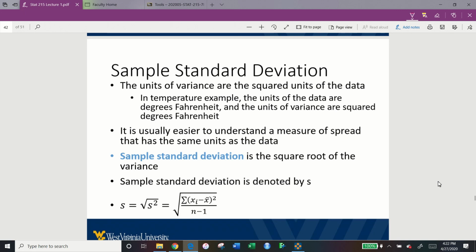Both of these are going to be measures of spread, and both have their pros and cons. Variance is always positive, so sometimes that's helpful, but standard deviation has the same units as what you're currently working with. So if you're working with Fahrenheit, standard deviation is also measured in Fahrenheit, whereas with variance, it would be Fahrenheit squared.